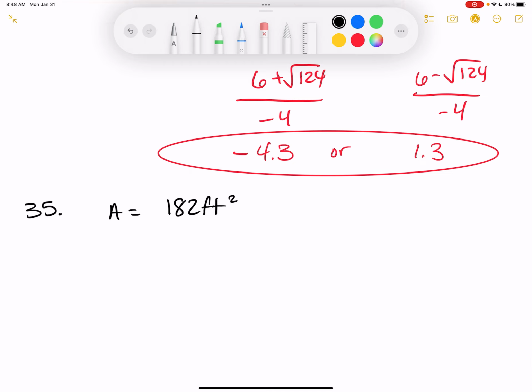We want to find perimeter as a function of x. They tell me that it is a rectangle, so I've got my rectangle.